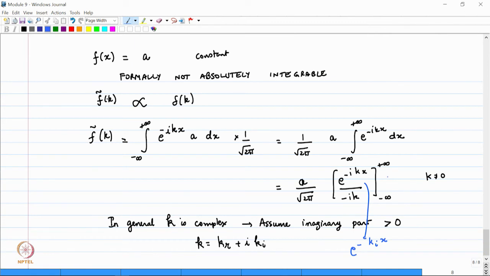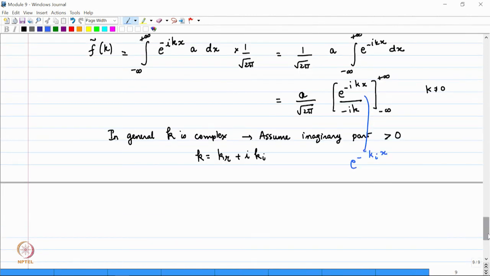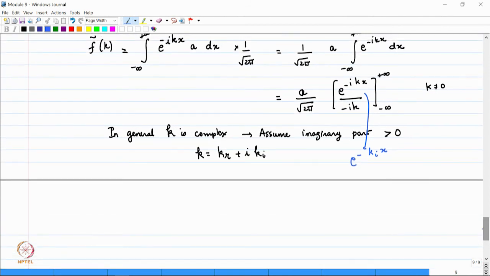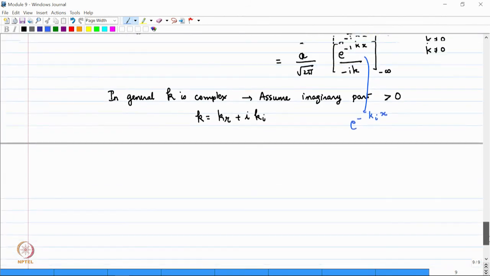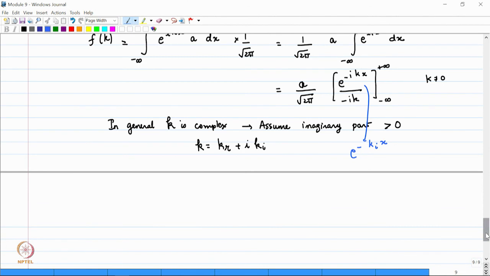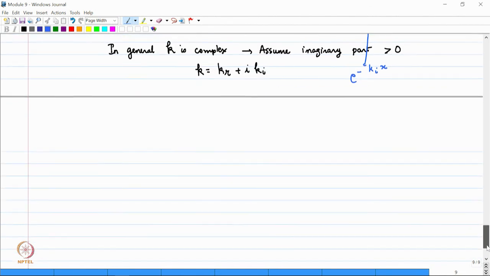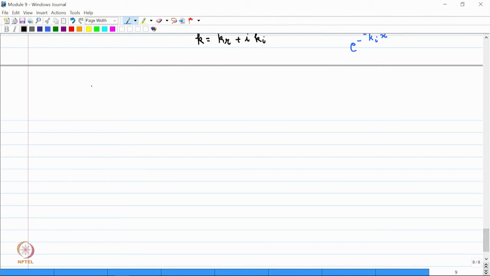As x goes to infinity, this will go to 0. With this assumption, you can show that this integral goes to 0 if k is not equal to 0. So formally it can be shown that f tilde of k is equal to 0 if k is not equal to 0.